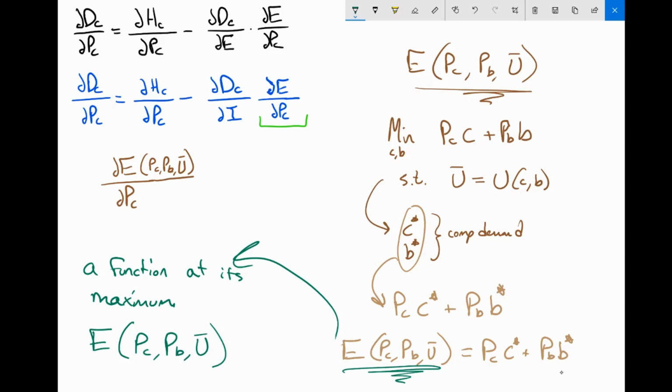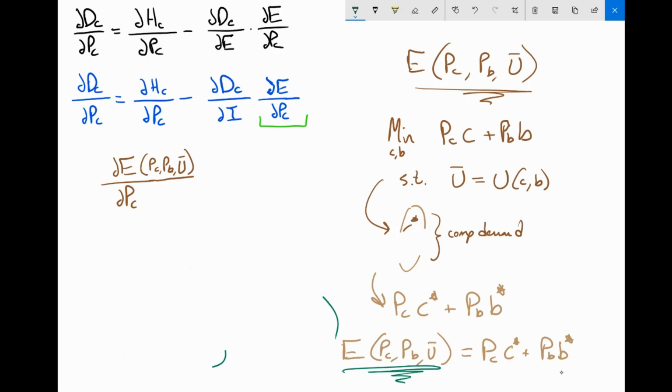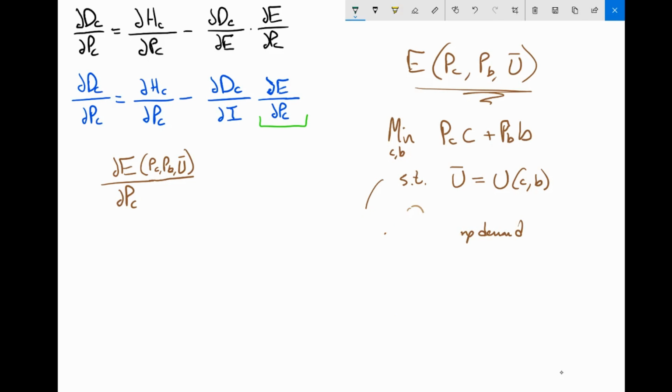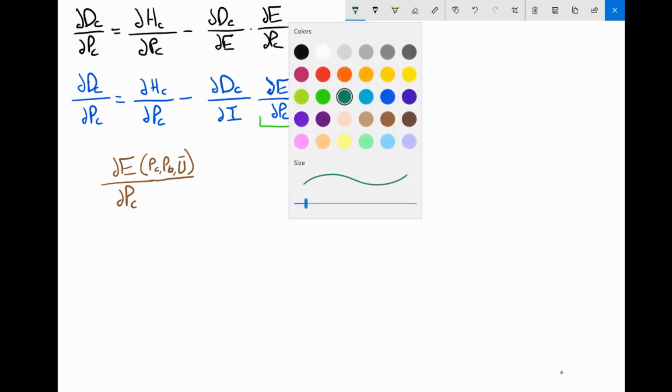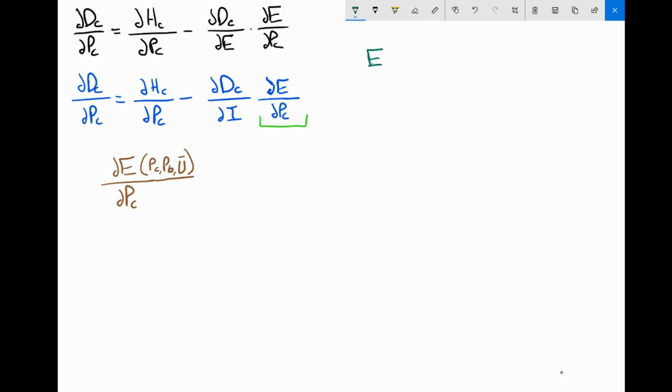So now if I wanted to say, what is the derivative of this function with respect to C, all I need to do to know the answer to that question, all right, this is a function at its maximum point. It is equal to PC C star plus PB B star.